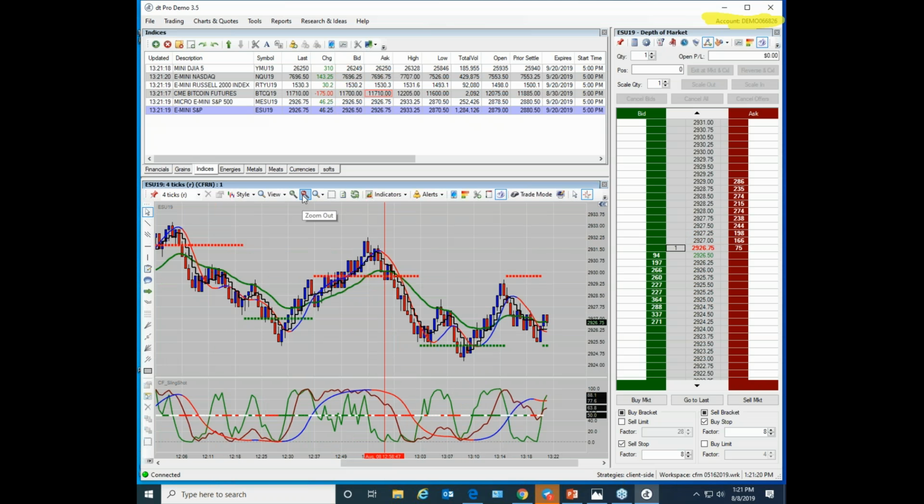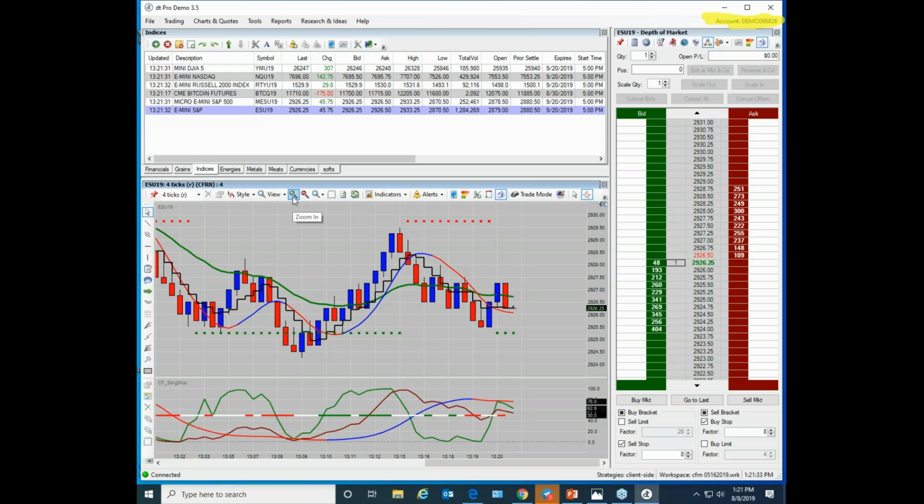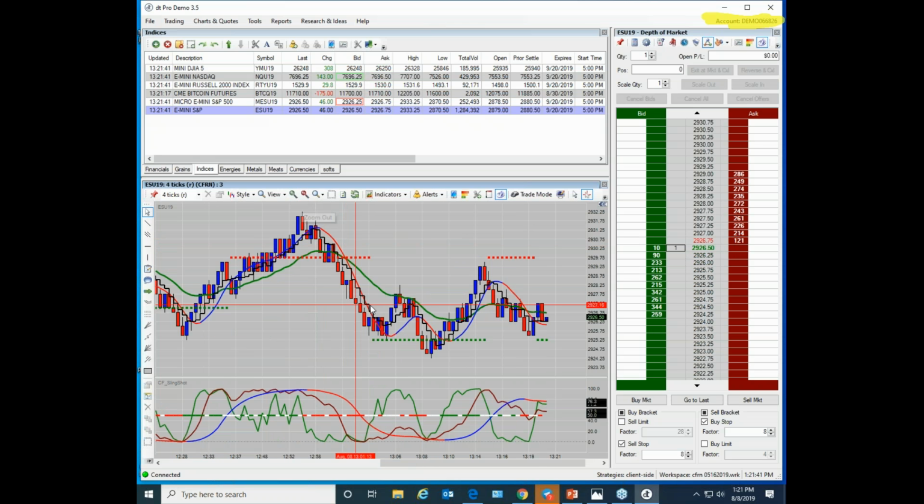I want you to get in the habit of hitting the zoom out button, because this is going to help determine whether this market is trending or not. Sometimes when you're looking at Mike's charts, they're blown up pretty good, so you're really looking at the market under a microscope, correct? Well, if you hit the zoom out button, this will give you a bigger picture of what's going on.